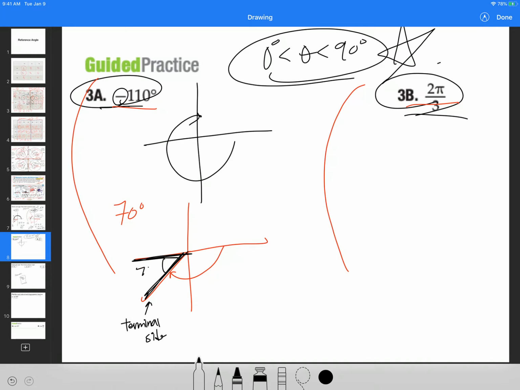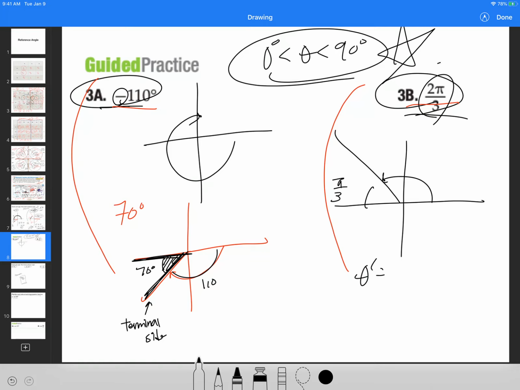That should be 70 degrees, since with 110 it makes 180 in total. So that's why your reference angle is 70. 2 pi over 3 in radians would end up somewhere here. So your reference angle should be just pi over 3. Or if you just use the formula pi minus theta for your reference angle in the second quadrant, you get pi minus 2 pi over 3, which gives you pi over 3.